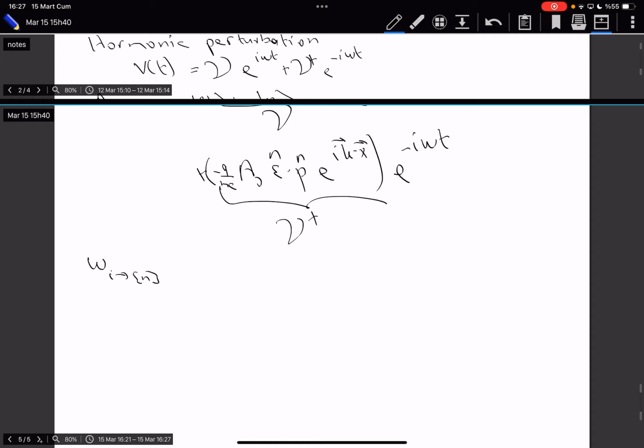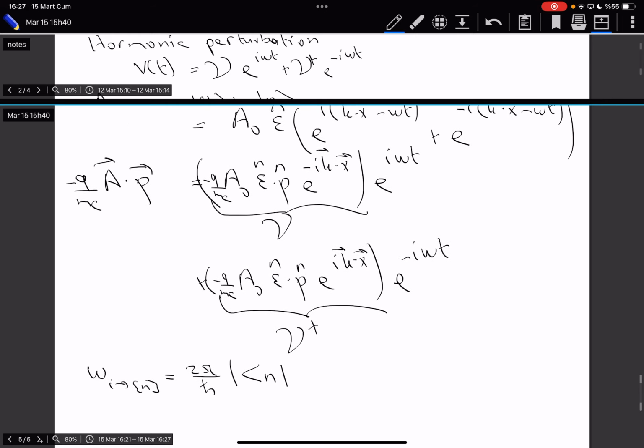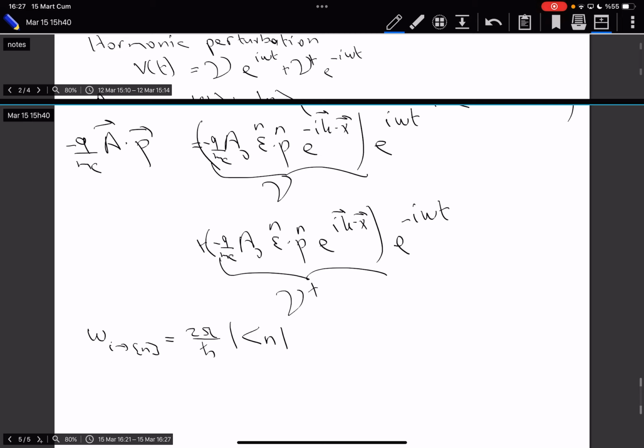Well, this will be 2π over ħ, the absolute value of the transition matrix element to the nth state. Well, you can just look at either the absorption or the emission. The first one is the emission, so let's look at that one.